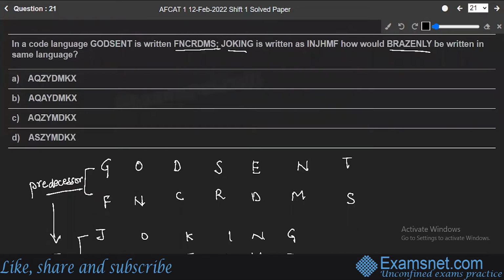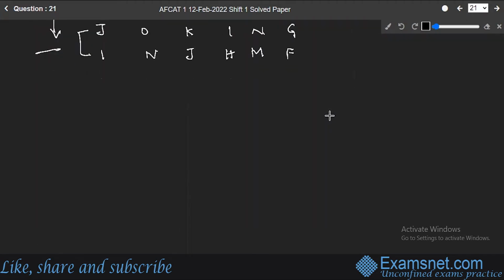So now I think it will be very easy for us to find the code for this word. Let's write down the word itself. The given word was BRAZENLY. A comes before B, and here should be Q. A is the first alphabetical letter, so a Z will come over here.